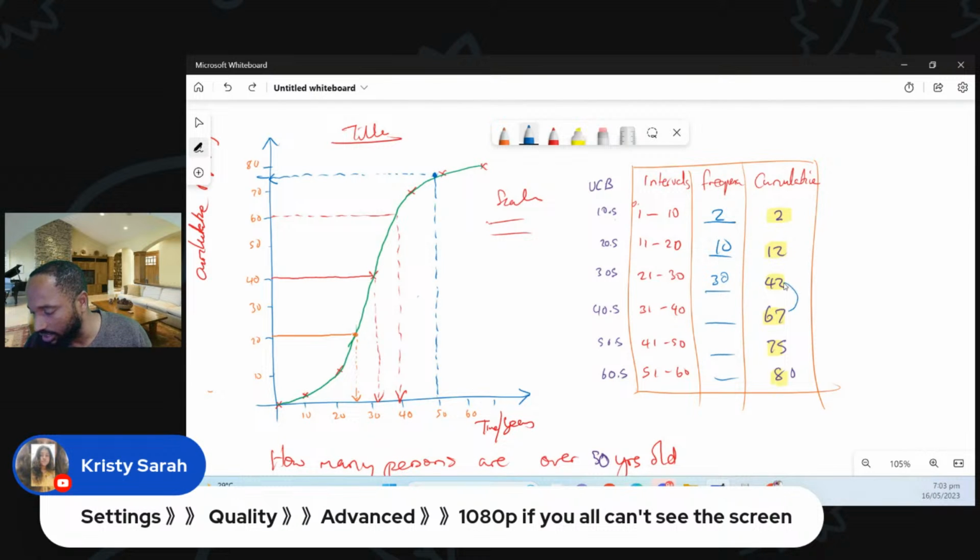You're just subtracting and going back up. Let me know if you all understand how we can take the cumulative frequency and get back the frequency.